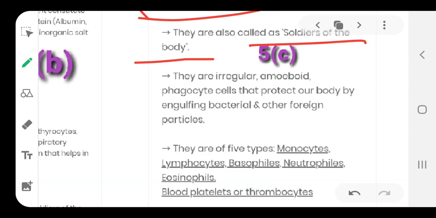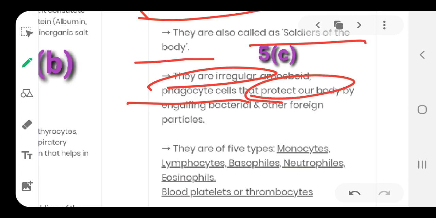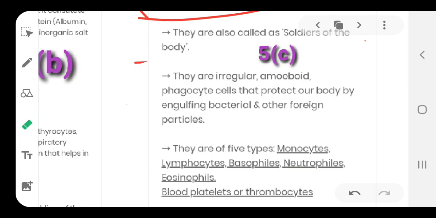As far as their shape is concerned, they are irregular in shape, and they are phagocytic cells, meaning they engulf damaged cells, including bacteria and other foreign particles. As a result, they protect our body against infection.